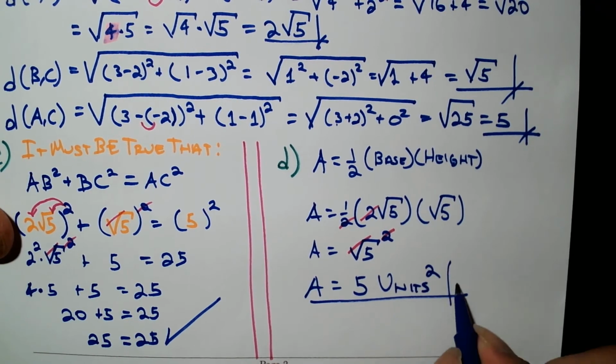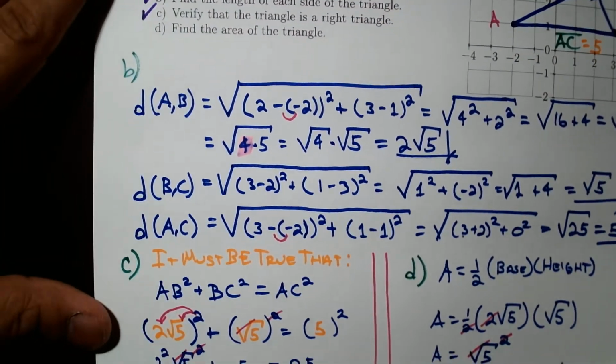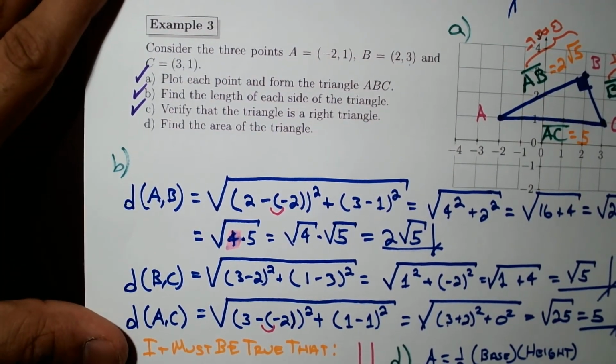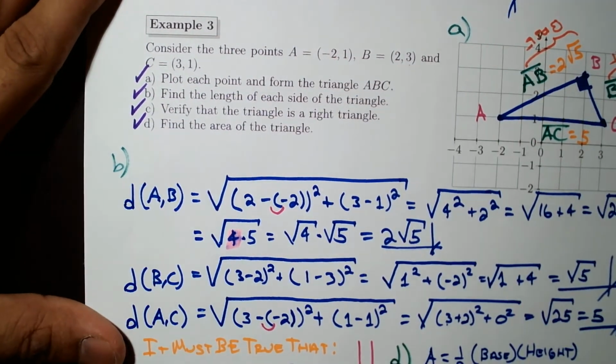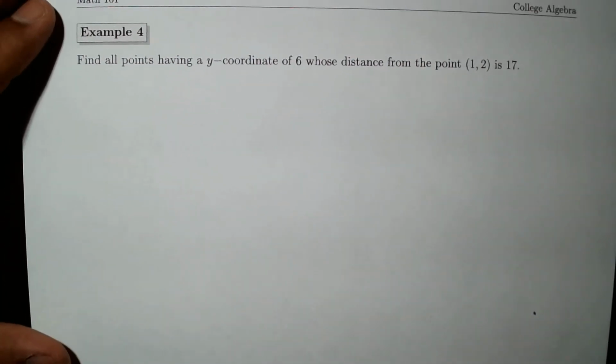Okay, 5 square units. And this is the end of this exercise. So let's put a check on letter D. There's one more here. Another classical problem.